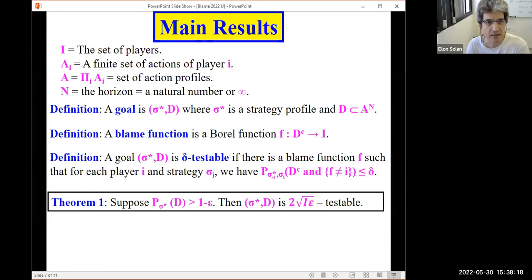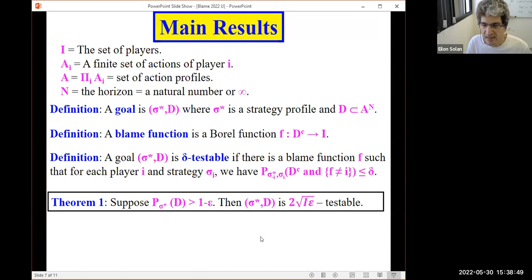One result is, suppose that the probability of D, if everyone is honest, is high. It is at least 1 minus epsilon. Then the goal is of the order of square root of epsilon testable. So it is square root of epsilon. We have the square root also of the number of players and a constant of 2.